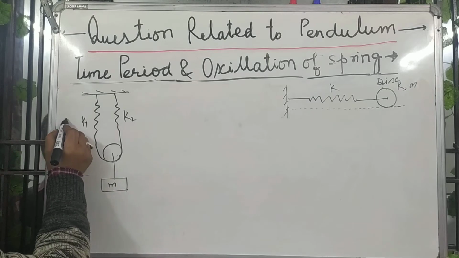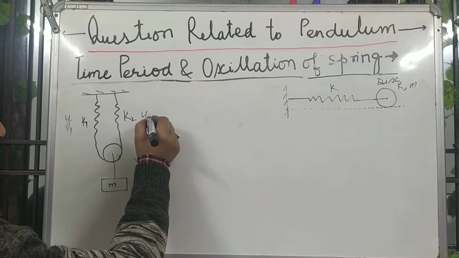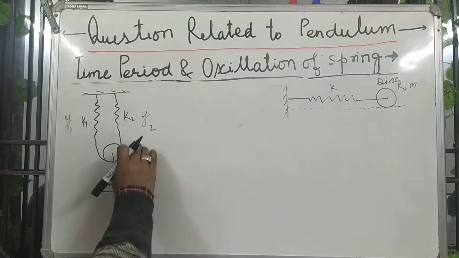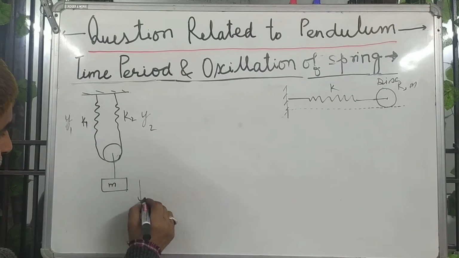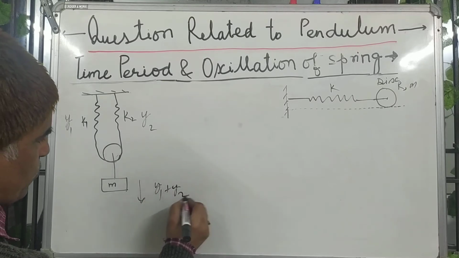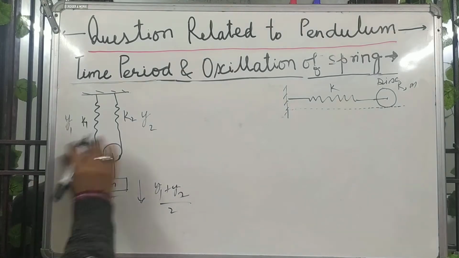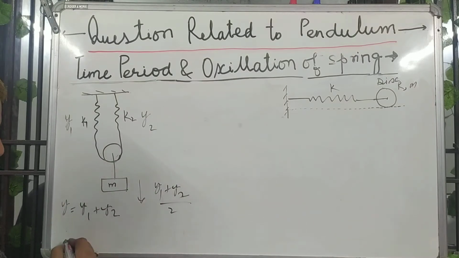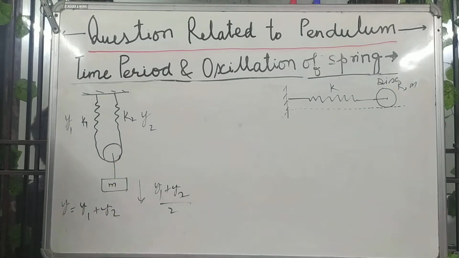Let the extension in this be y1, so in this the extension will be y2. Total extension is y equal to y1 plus y2, and by the mean value it will come downwards by (y1 plus y2) by 2.